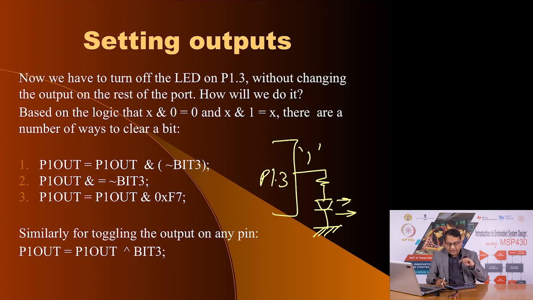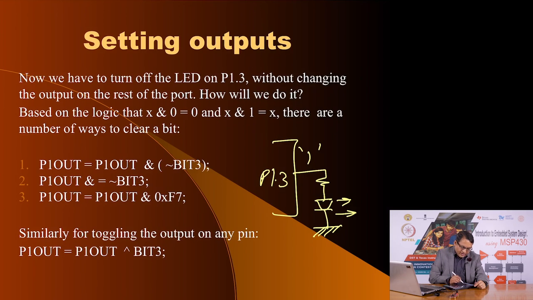There is no way to directly address this LED, because this pin is part of 8 pins, and if you write to this register, it is likely to change the information on the other bits. So, what we must do is isolate this bit and only make it 0.